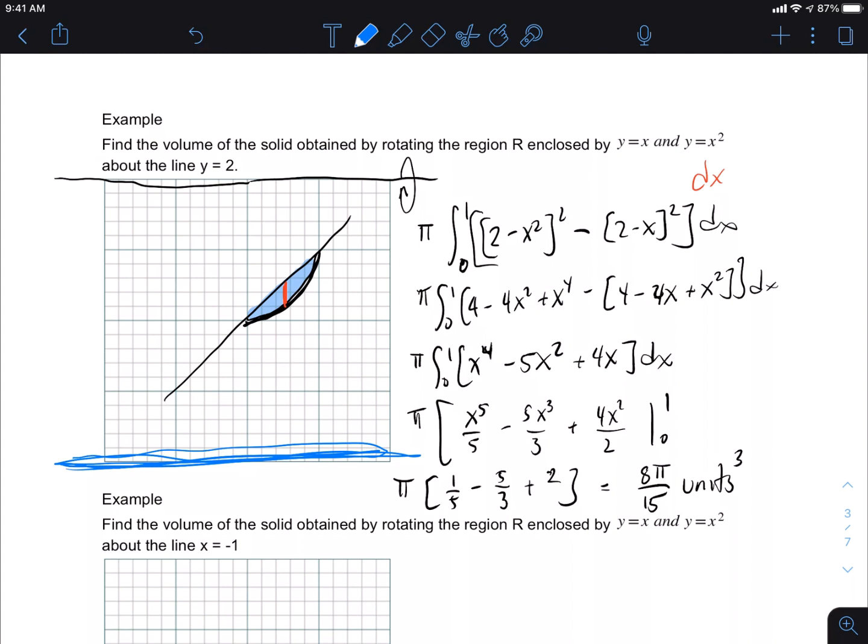So the x would be the outer, so that would be further away. So the integral would still go from 0 to 1. There'd still be pi, but now it would have gone x minus a -2, squared would be the outer radius, minus the inner radius, which would have been x squared minus 2 squared, dx. Oops, minus a -2. Make sure I do that right for you.